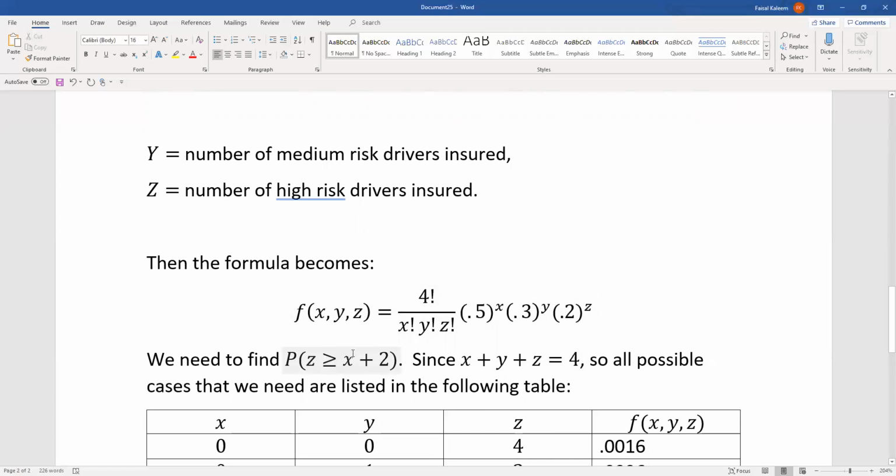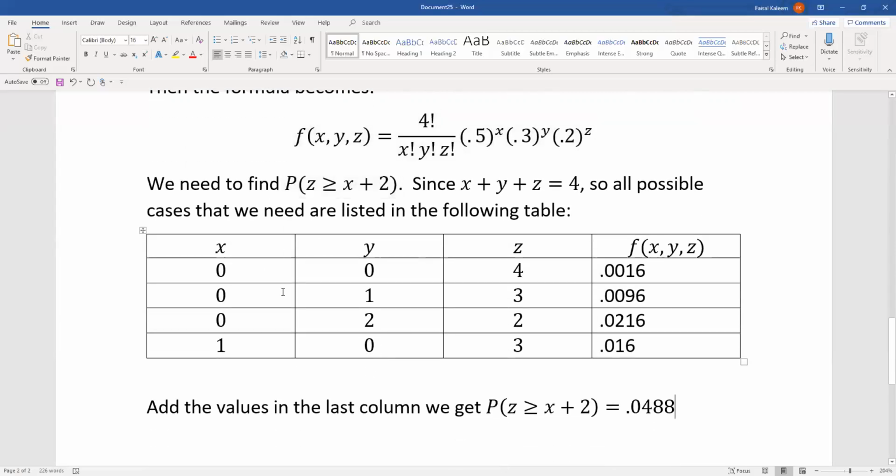All the possible values that satisfy these conditions are listed here. When x is 0 and y is 0, z has to be 4, because the 3 have to add to 4, and in this case z is bigger than or equal to x plus 2. When x is 0 and y is 1, z has to be 3, and in this case also z is at least x plus 2.